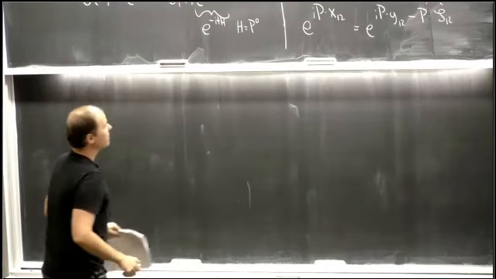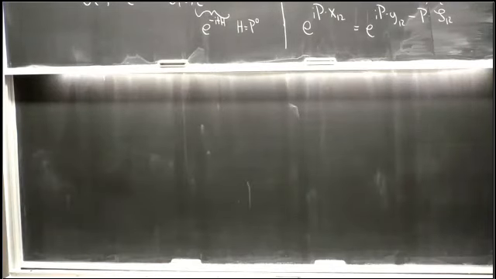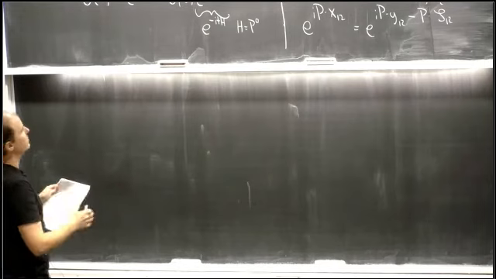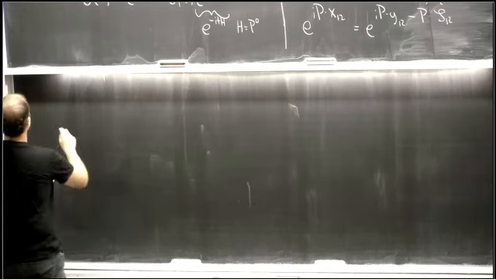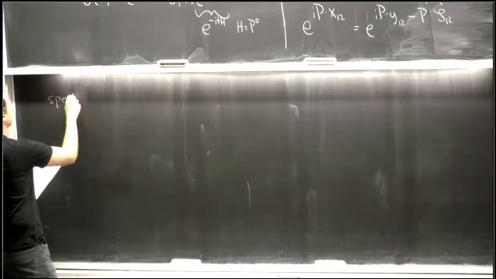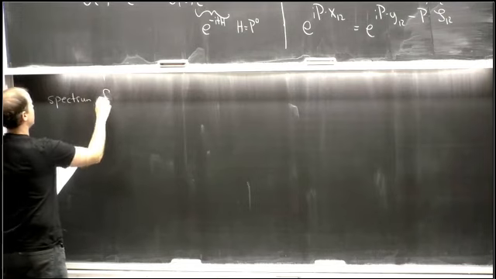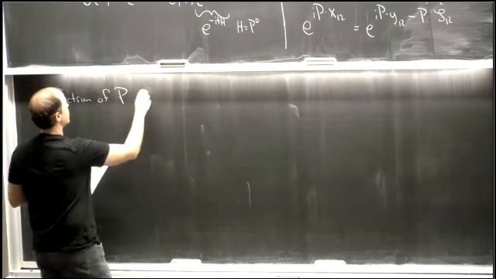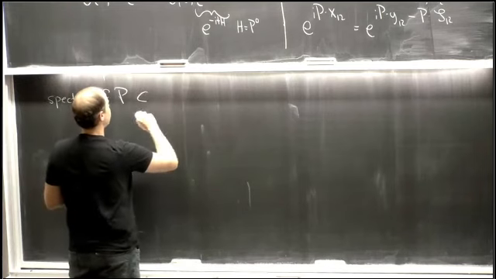Now, the analog of the statement from before that the Hamiltonian has a positive spectrum in QFT is the statement that the spectrum of P is contained inside the forward light cone.